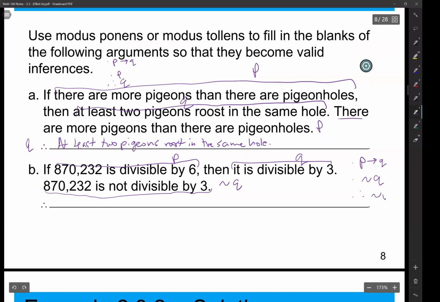I'm allowed to conclude not P, which is the negation of P. So I'm allowed to conclude that 870,232 is not divisible by 6. Sorry, my handwriting's bad. Okay, which again was the not P.